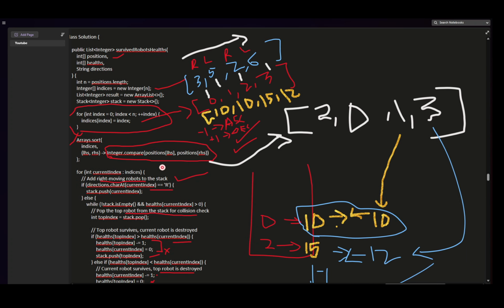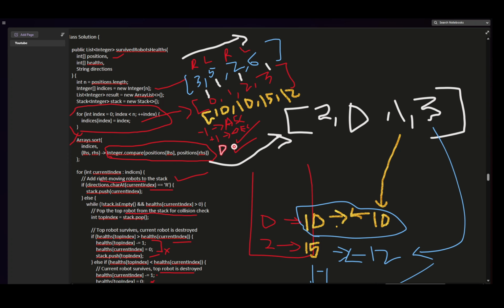This uses the Integer.compare method, which internally calls the object compare method, and it has three outcomes. When the result is minus one, it internally does ascending order sorting. Whenever we get a positive comparison result, it does descending order.